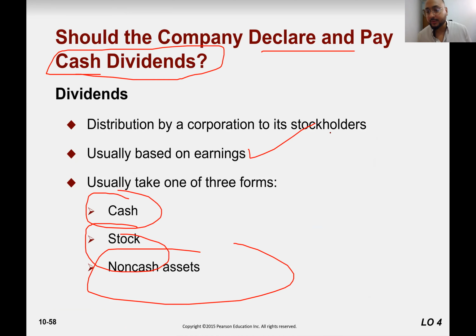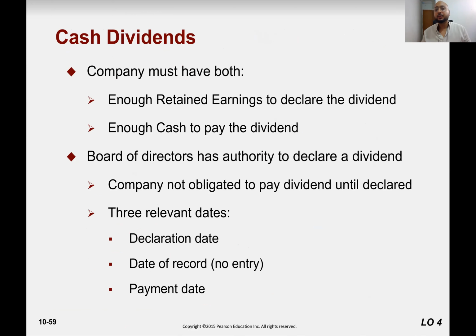Non-cash assets as well. So how are we going to account for cash dividend? Remember, the company must have enough retained earning to declare the dividend. Remember, the declared date of dividend and the payment date of dividend are two different things.